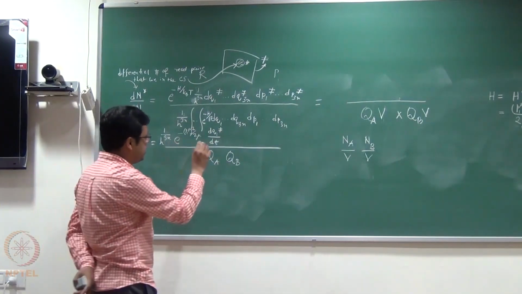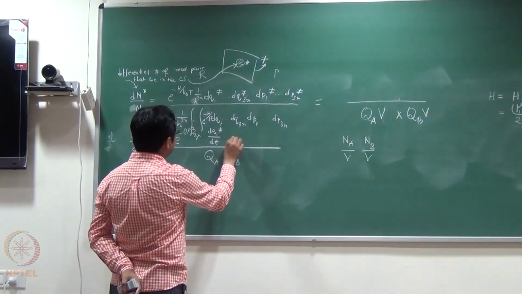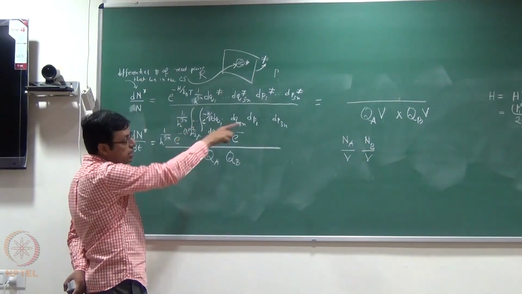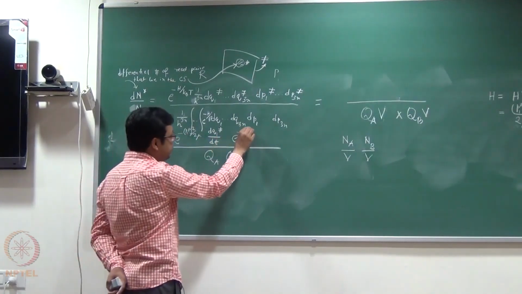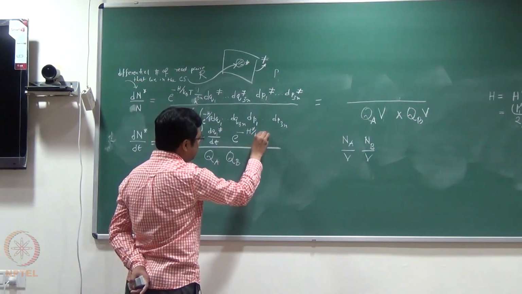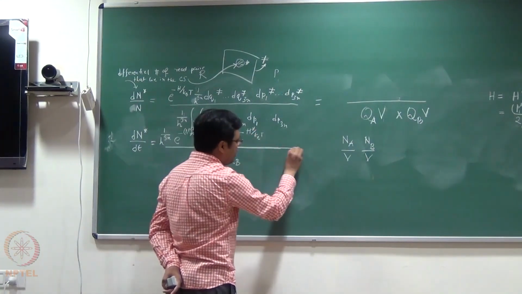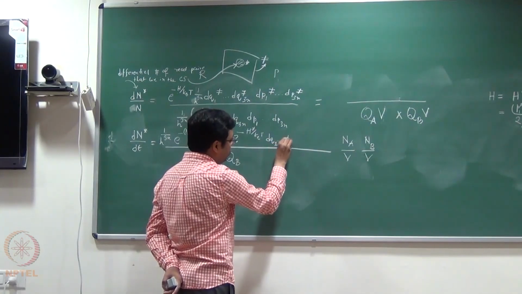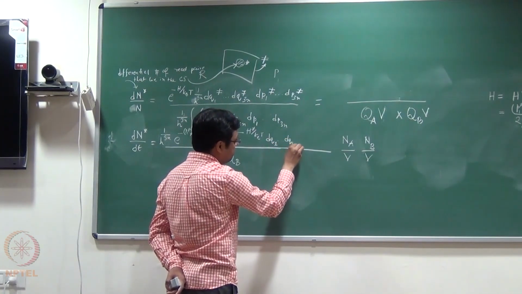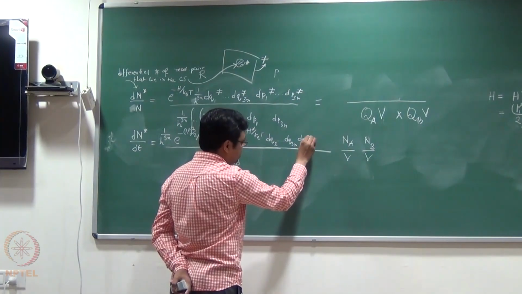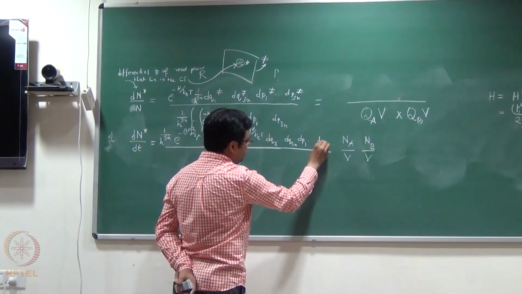Now what was my rest? The rest was e to the power minus, and since I have already taken care of h prime, I am left with h dagger by kBT, right? And what is left? I have dq2 to dq3n, and I have dp1 to dp3n.